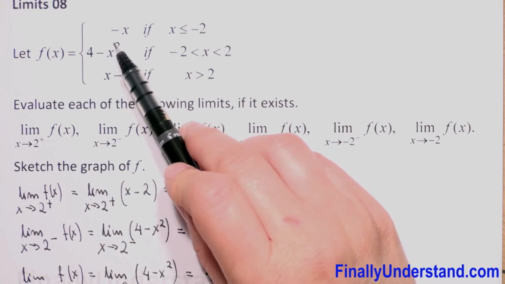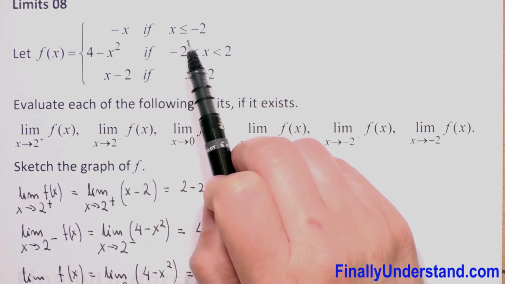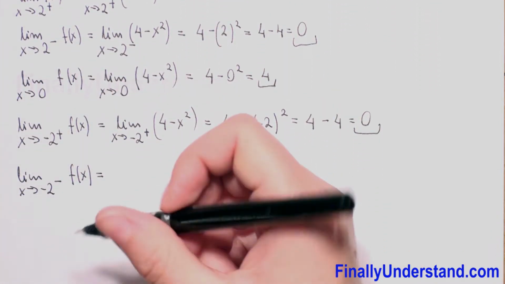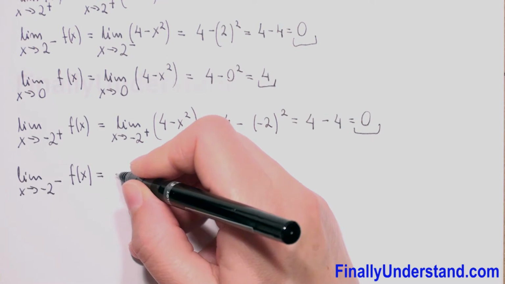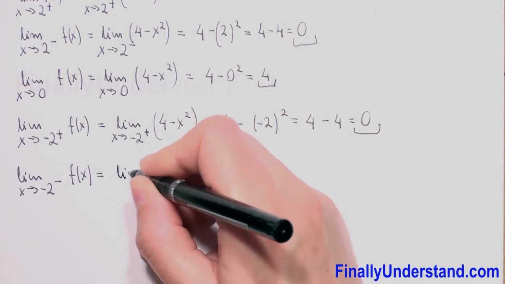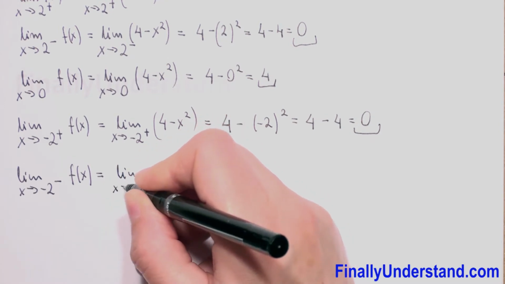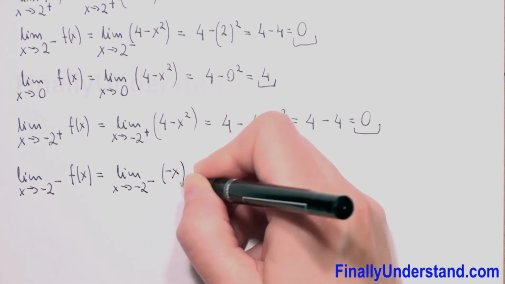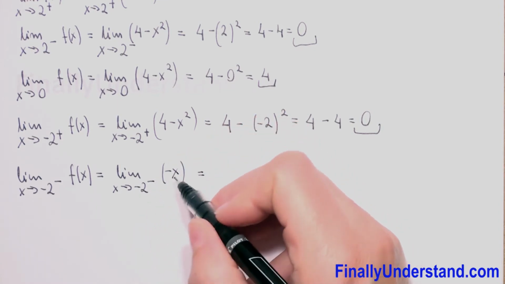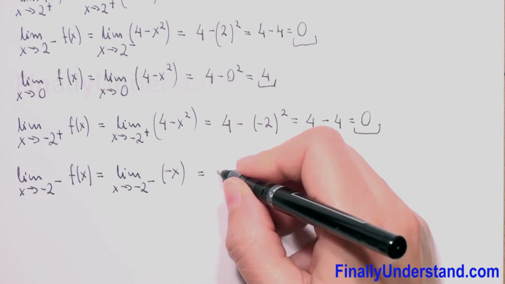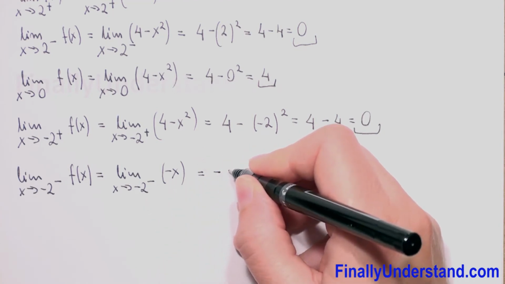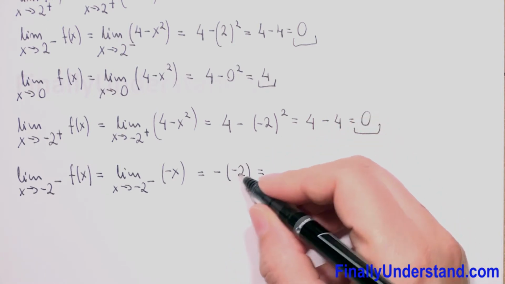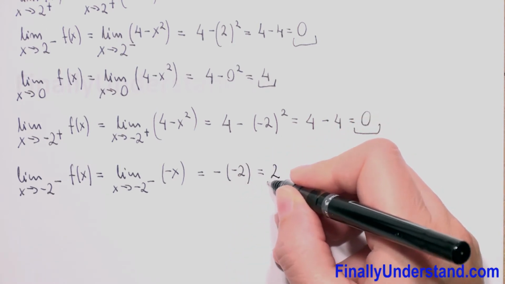This is the formula for x less than negative 2. So we will replace our function f by negative x. So we have the limit as x approaches negative 2 from the left of negative x. So I will replace x by negative 2. We have a negative sign, we just copy it, and we have negative 2. Negative and negative is positive, so we have the value 2.